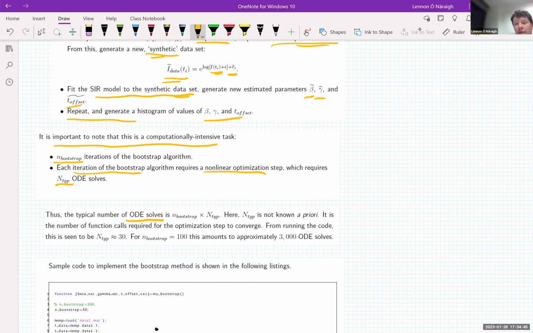So to do bootstrapping, when you're fitting the ODE model to the data, the number of ODE solves is n bootstrap times n typical. And we don't know n typical a priori. As I said, it's the number of function calls required for the optimization step to converge. From this example, n typical is around 30, and I've done n bootstrap of 100, so you're talking about 3,000 ODE solves.